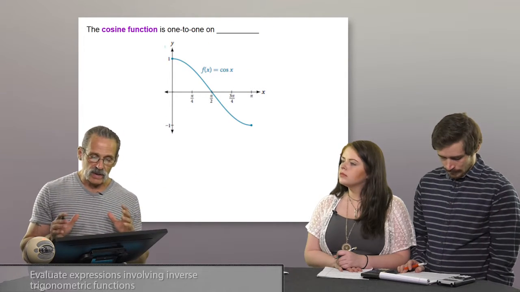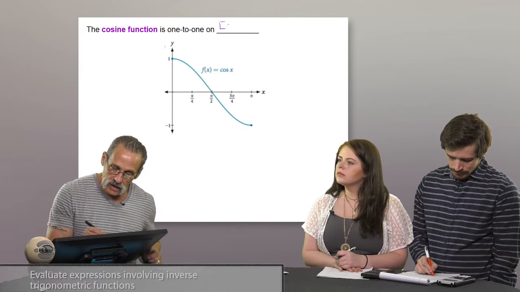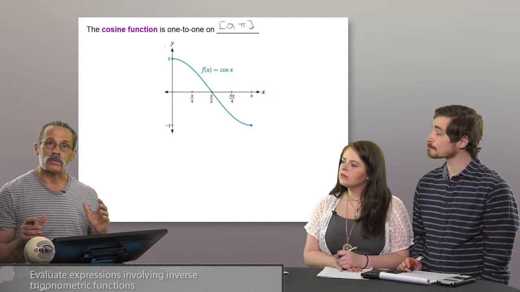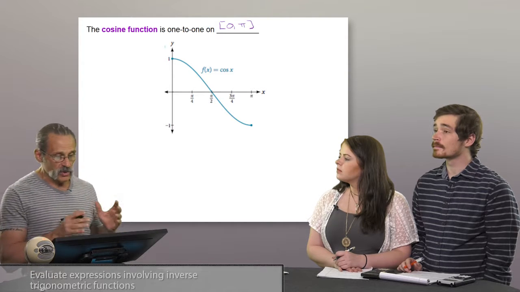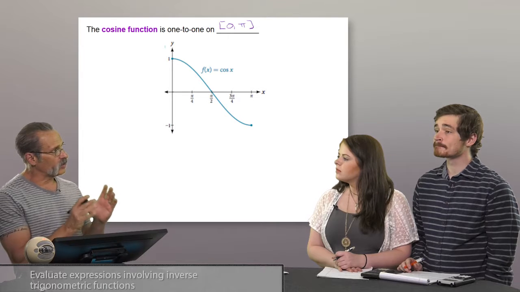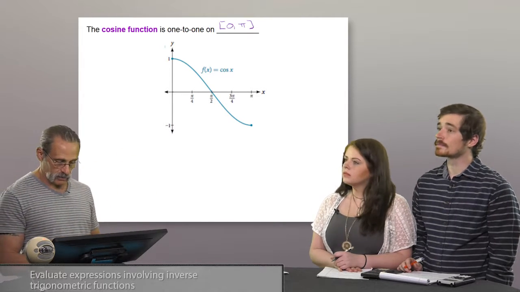For cosine, we would have to restrict the domain differently. We would restrict the domain to 0 to pi to capture all the outputs of the cosine function. And if we do that, this function again is 1 to 1, but remember, this restricted domain on the cosine function is the range of the arc cosine function.